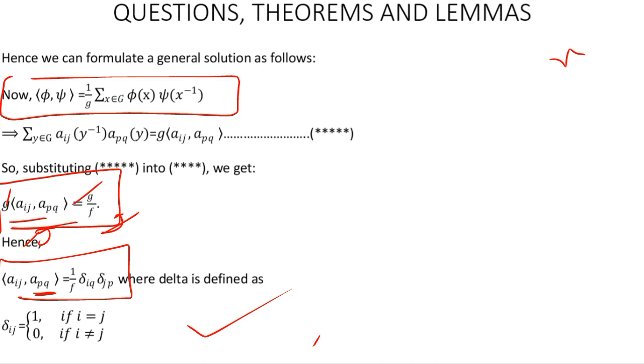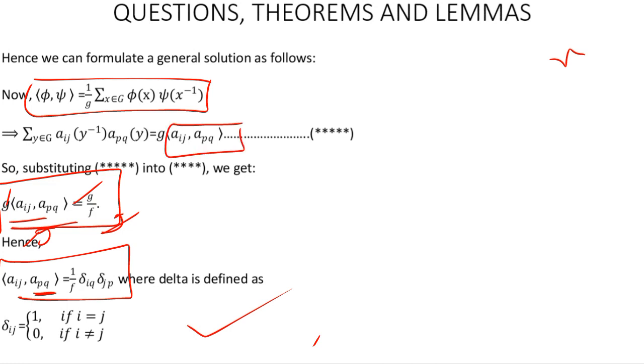Our given question needed us to find a_ij, a_pq, the inner product. And we see that if we want to compare this to this product, we will need it to look something like this side. And we saw that it is simply saying a_ij inverse, y inverse, and a_pq of y.